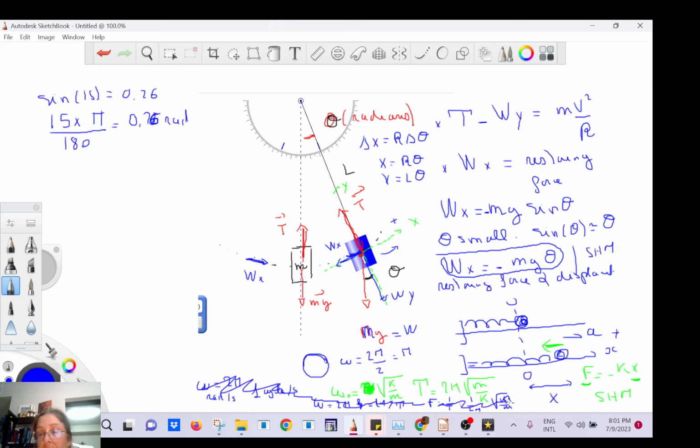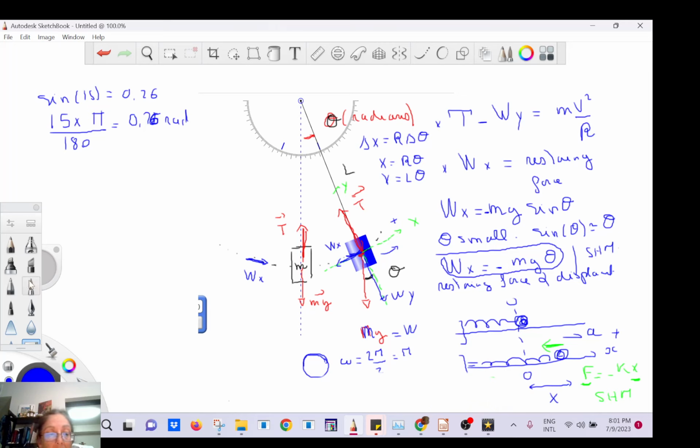Because if we look back at our spring, let's write down the net force: minus kx equals the mass times the acceleration along the x. Now I can write mass times acceleration plus kx equals 0.